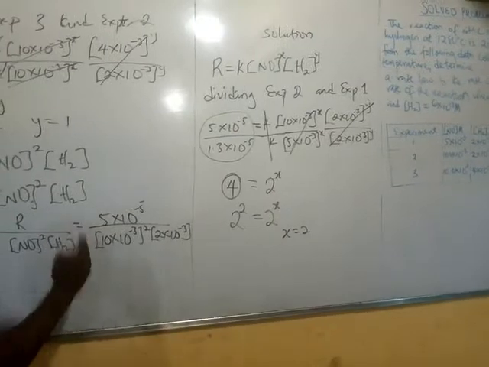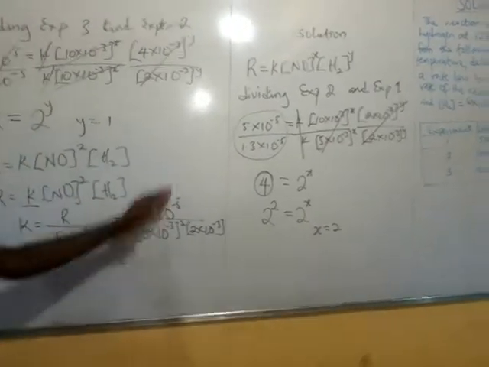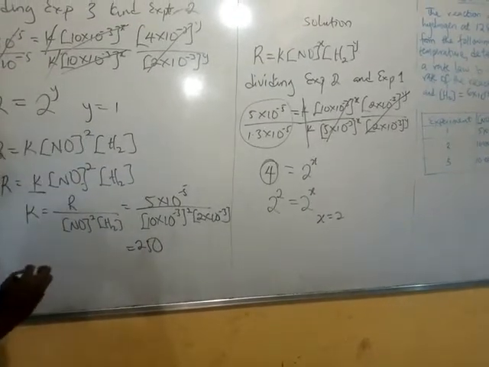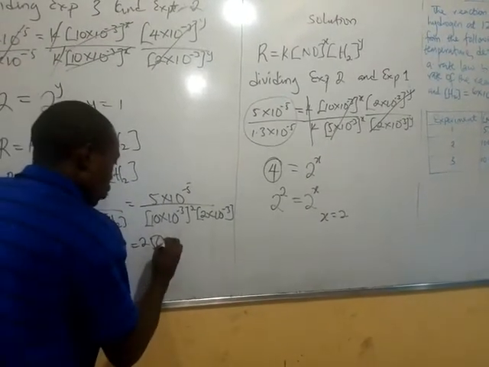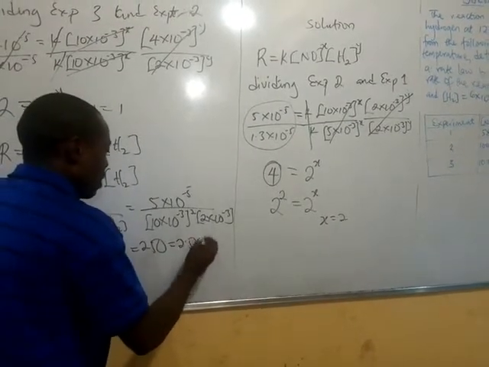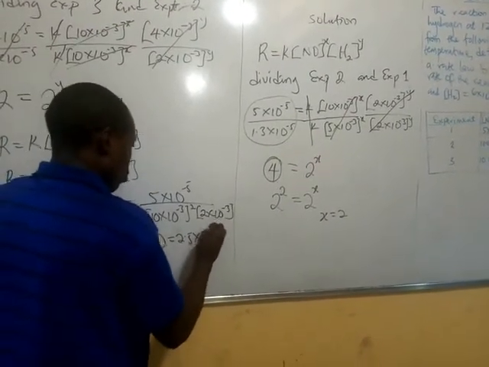When you divide this with this, you'll be having 250, which is also equal to 2.5 times 10 raised to the power 2.